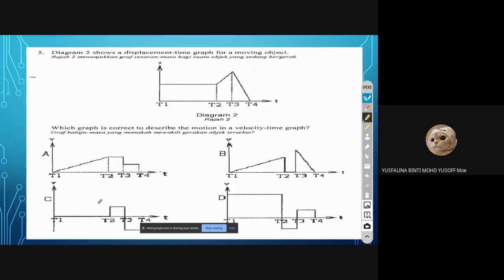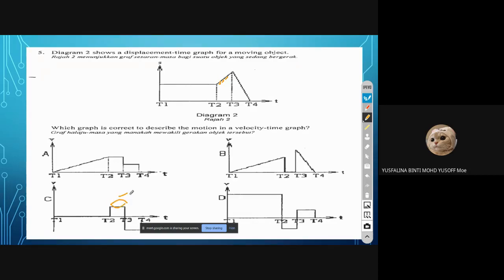Okay, so obviously you already know the answer is C, but we try to check first. Alright, for T2 and T3, if you draw a triangle, the triangle should be the same, so the gradient is also the same, and the velocity is constant. Correct? And then for this one, you can draw the triangle, and you can see the triangle is the same, so the gradient is the same and the velocity is constant.